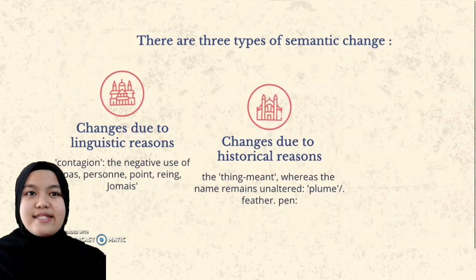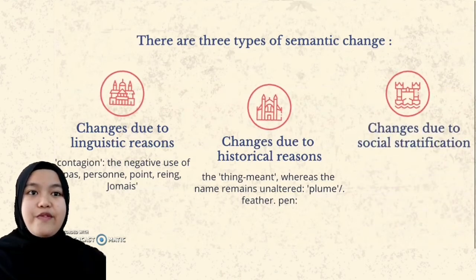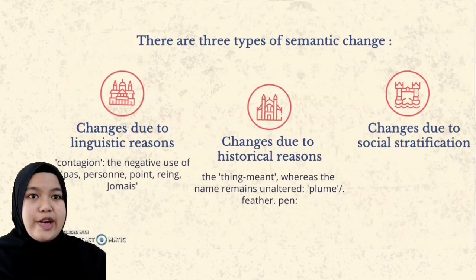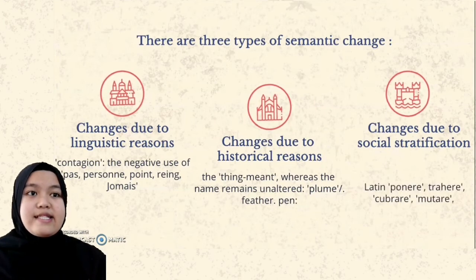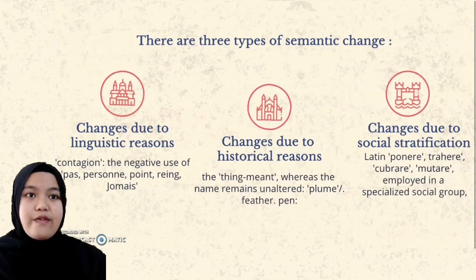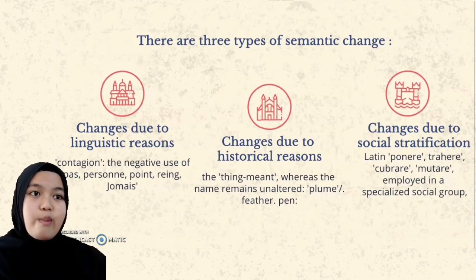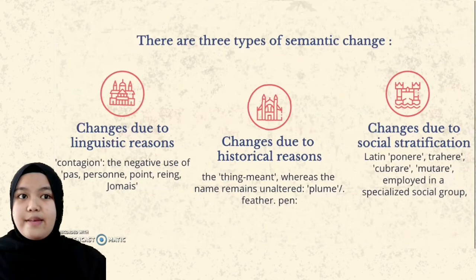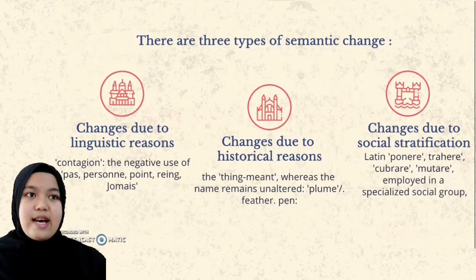And the last is change due to social stratification. And there are two types of this change in the following manner. First is non-affective change, for example, residue change, ellipsis, name giving, modification in the referent.